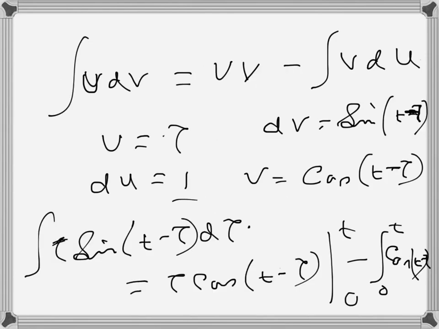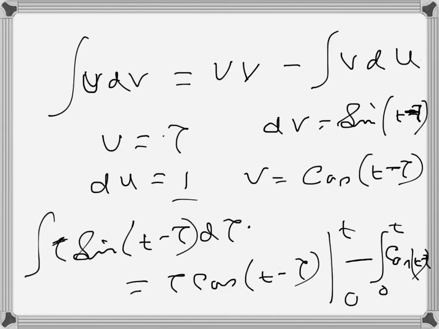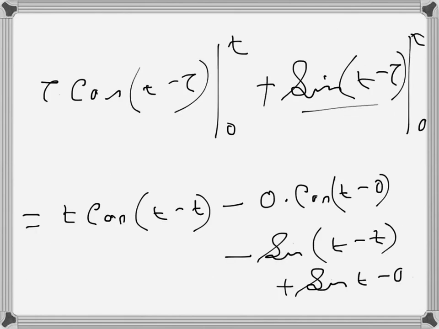Because there is a negative tau, the sign changes: the minus 1 from the negative tau comes ahead of it, so it becomes plus. So this one is plus and this one is negative.